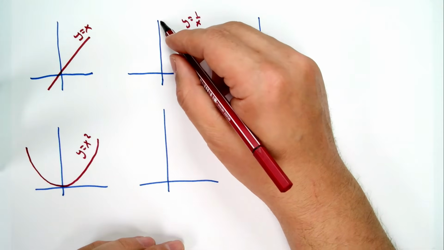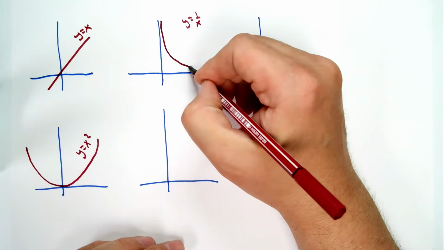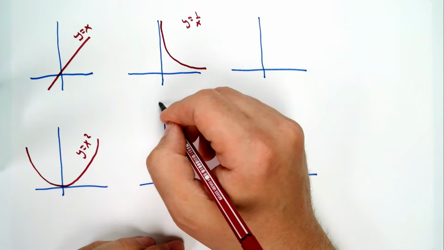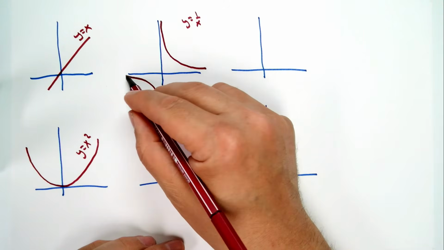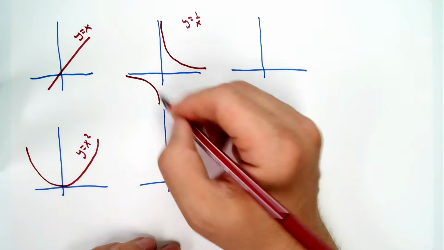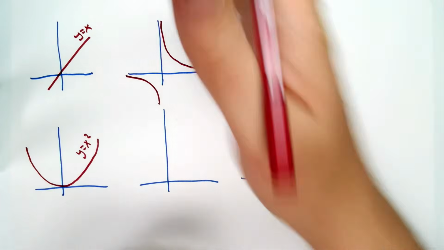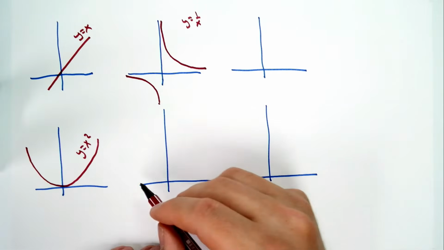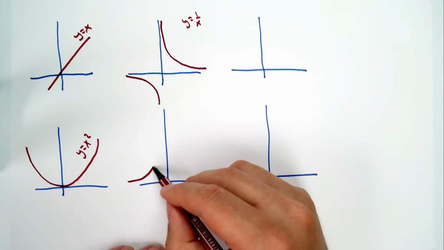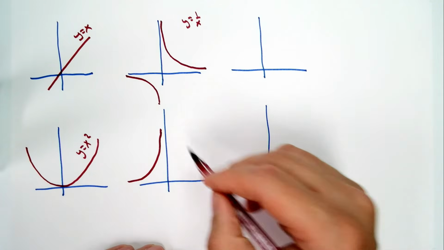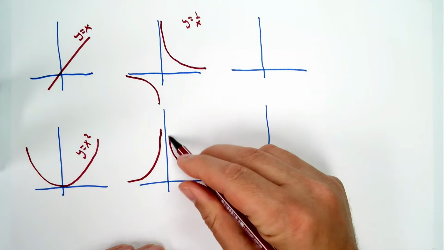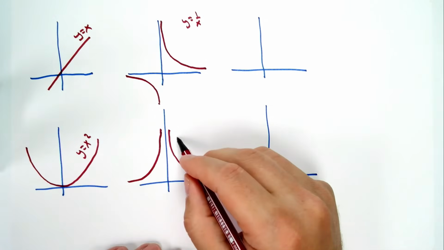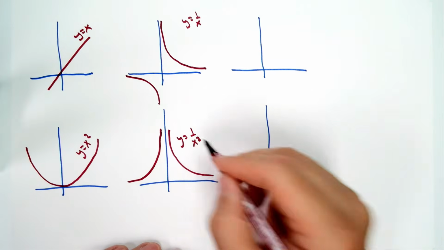So when we sketch 1 over x, it's going to be a very large positive value when x is small and positive, going to a small positive value, and a very large negative going to a small negative. So that's the curve y equals 1 over x. They go sort of 2 different ways. Now y equals x squared is a little bit different in that both sides go up. So this together, this is y equals 1 over x squared.